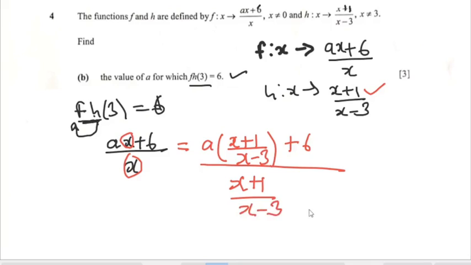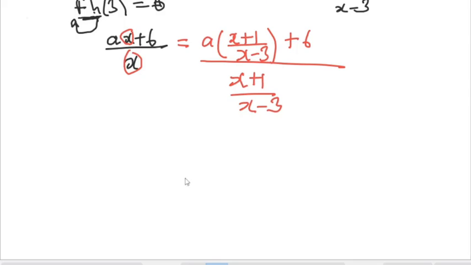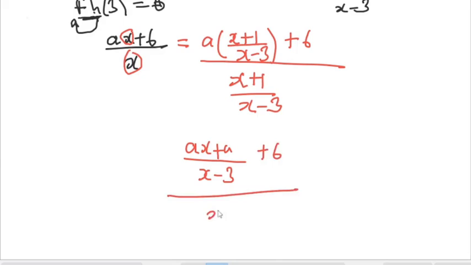So from here, let us now work out the numerator. We are going to have a times x, ax plus a, because a times 1 is a, over x minus 3, then plus 6, over x plus 1 over x minus 3.